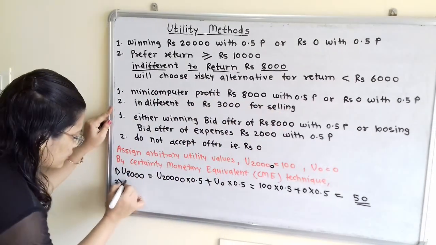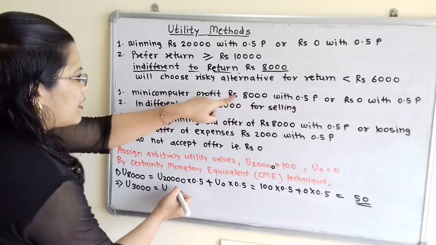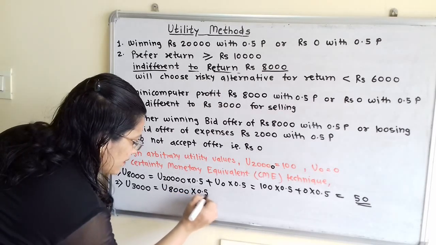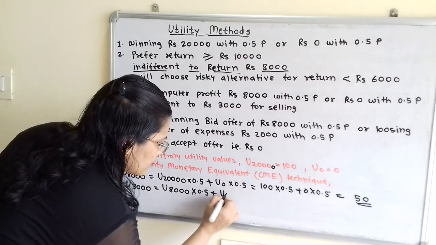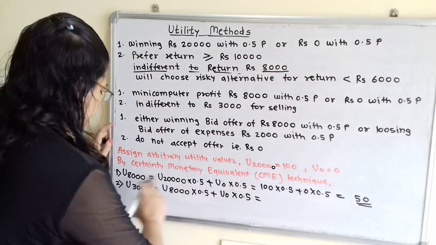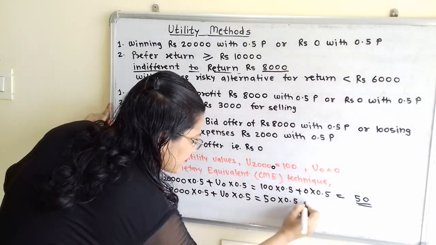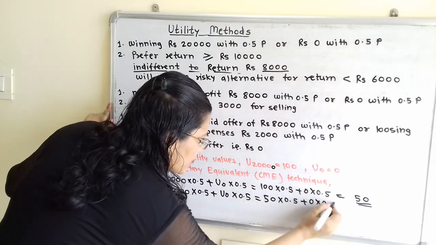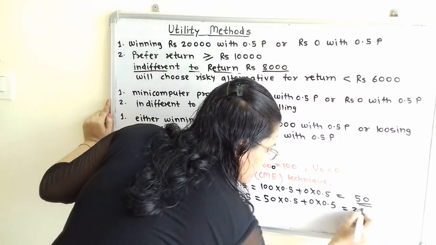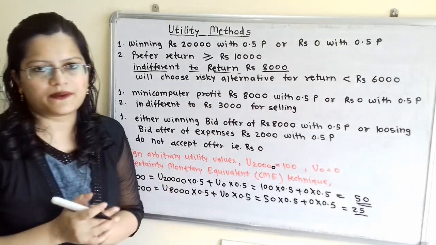So I will write U(3,000) is equal to U(8,000) with 0.5 plus U(0) with 0.5. U(8,000) is 50, so 50 into 0.5 plus 0 into 0.5. 50 into 0.5 is 25. So we can say that U(3,000) is 25.